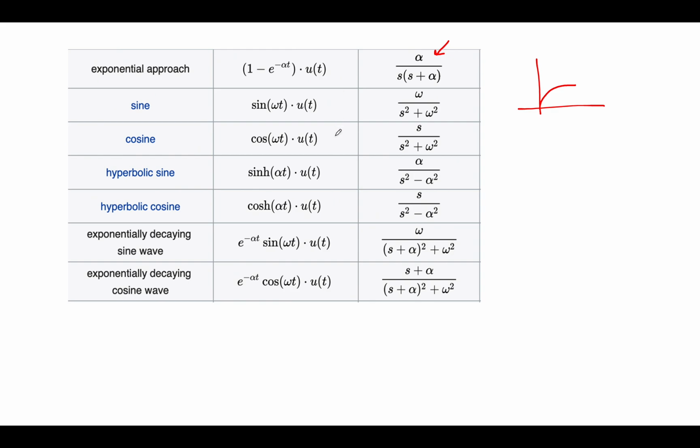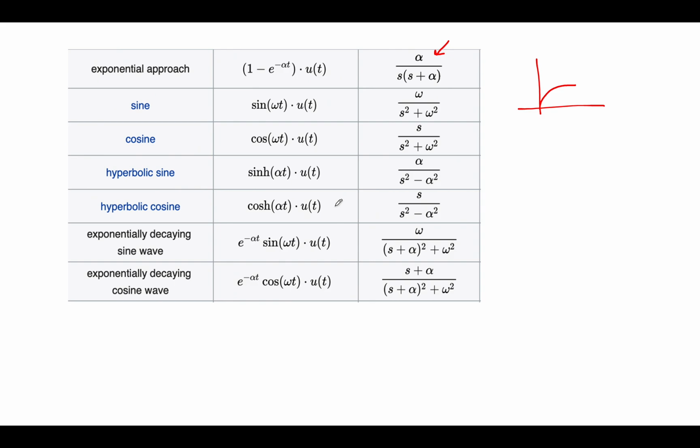Here's your sine, your cosine. Hyperbolic sine and cosine we don't really use much in electrical engineering in most curriculum. You begin to see some hyperbolic sine and cosine in electromagnetic fields. Usually it is a geometric description, not a temporal one. But nevertheless, they're given here.